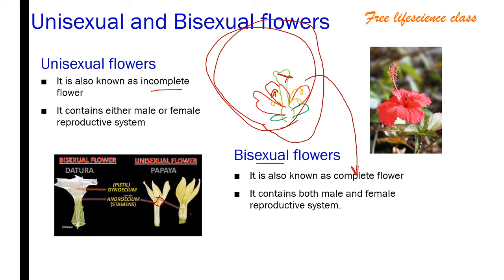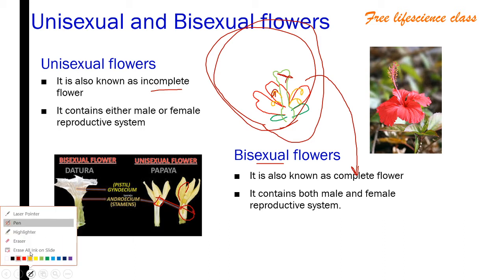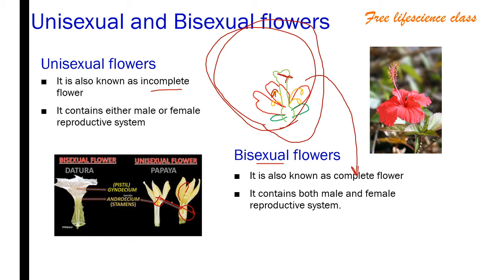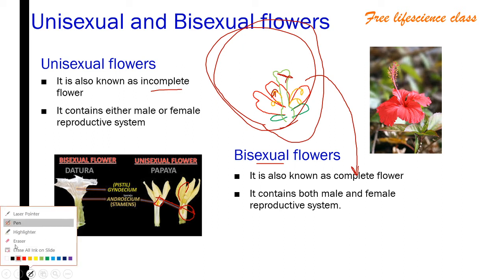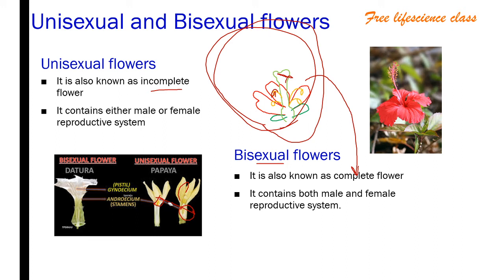In this, this is the female flower which consists of gynoecium, not androecium. Sorry, this flower consists of gynoecium and this flower consists of what? This flower consists of stamens. So this flower consists of stamens and this flower consists of pistil. Okay.